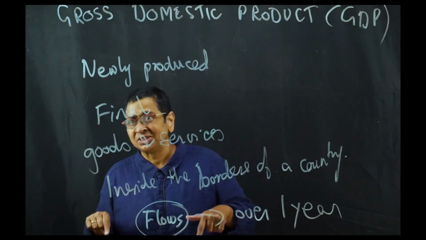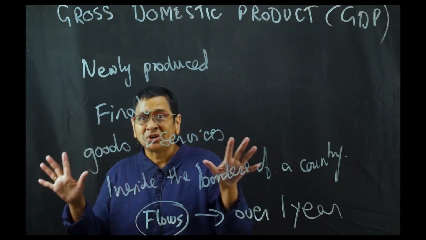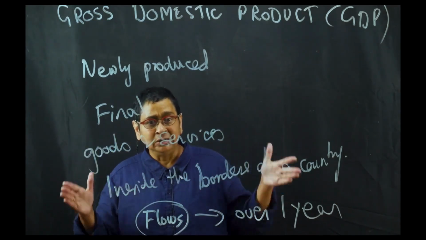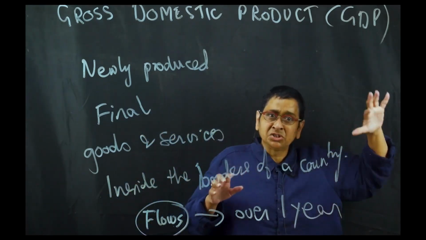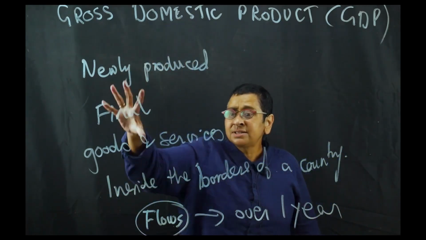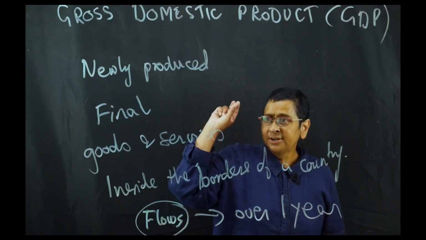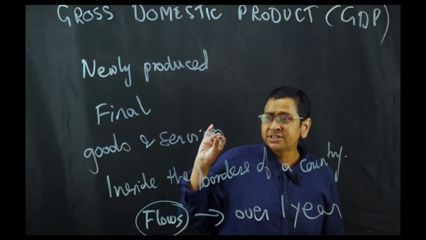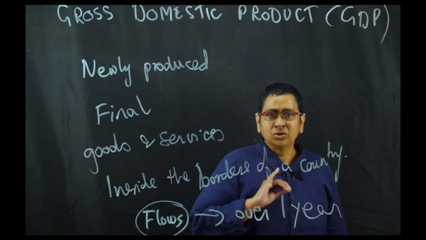It's our production. We're not looking right now at ownership or citizenship or any of those things. We're only looking at what's produced inside the country. So we're going to have to do a bunch of work to look at these other things. But this is the basic definition. All newly produced, final goods and services produced inside the borders of the country in the course of 1 year.